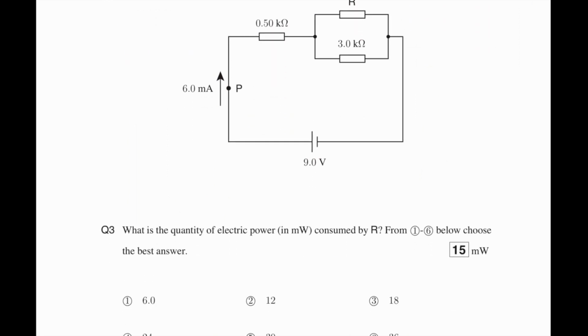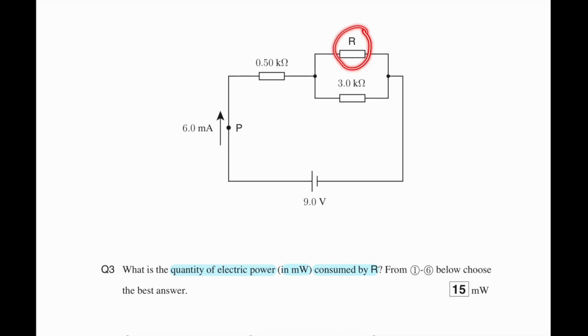The question is, what is the quantity of electric power in milliwatt consumed by R? We want to find the current in this resistor. Since we want to find the power, of course you have to remember the formula of power. The basic formula of power is V times I.